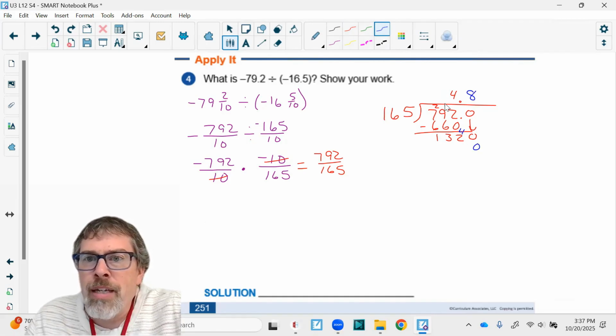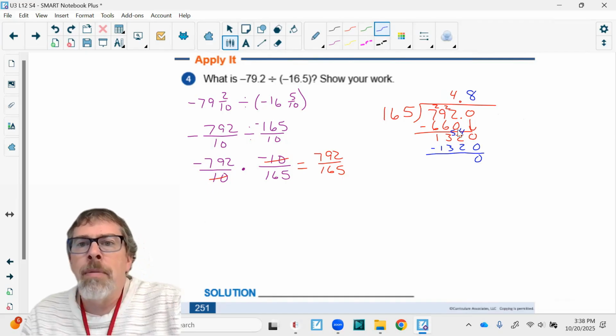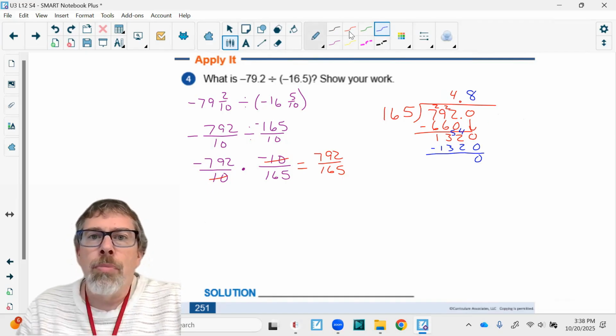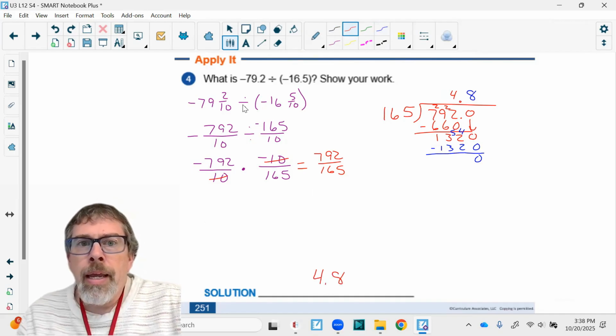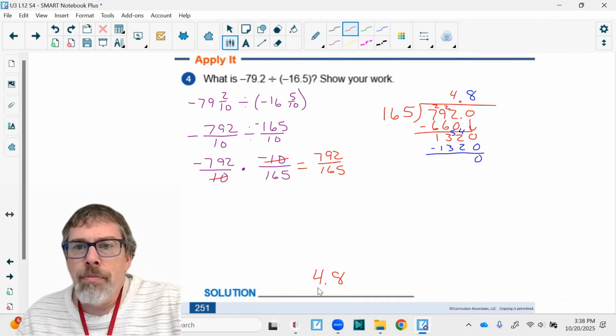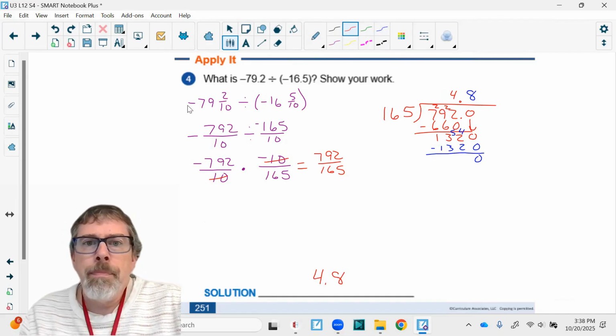Carry the 4. 6 times 8 is 48. Plus 4 is 52. And a 5. 8 times 1 is 8. Plus 5 is 13. And that was a good choice because that was the correct answer. The answer is 4.8. And by the way, a negative divided by a negative is positive. Okay.